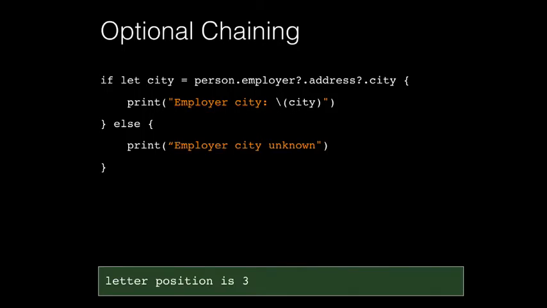If address is not optional, then take the city and assign it to this non-optional city variable, and then fall into this code here. If any of those things are optional, then you just go to this part of the control structure. So that's a more succinct way to achieve the same type of unwrapping.